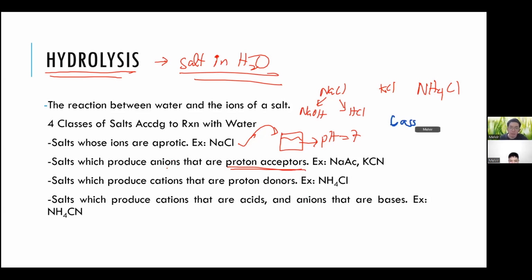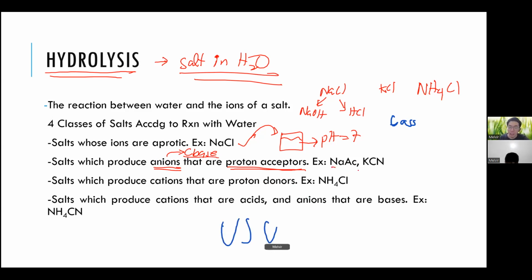Ano tong mga to? Okay, good. Kaya yung sinabi ko sa'yo kanina, wag mo rin kakalimutan to sa organic, very important to. Anions, or usually proton acceptors, will act as your base. Conjugate bases yan. So, conjugate bases are usually proton acceptors.